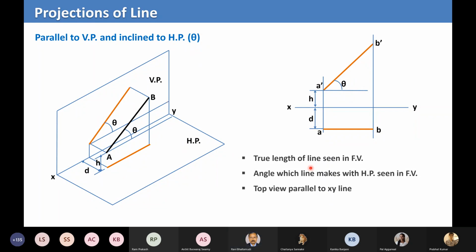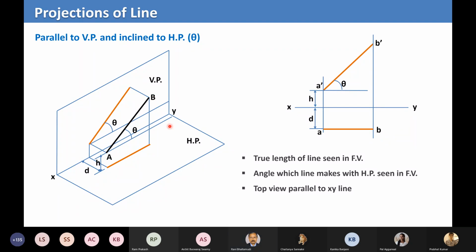What you see is that there is a difference in the top view, because if you look at angle theta and you know your geometry, this will be AB cos theta, right? So cos theta is always less than 1, and so your projected length, small a small b, will be less than the true length of AB.